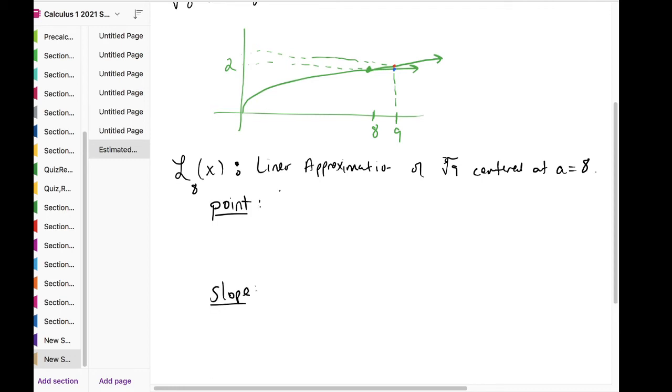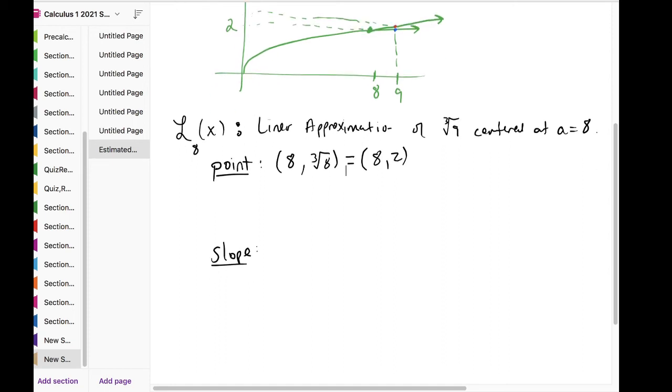Eight comma 2, yeah. 8 comma cube root of 8, 8 comma 2. Now I know there's a formula for all this, but I think this is the most useless formula to memorize because we know how to find tangent lines again. And what's the slope? How do you find the slope of a tangent line?